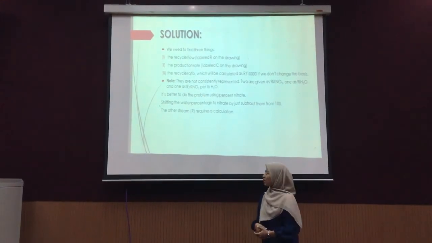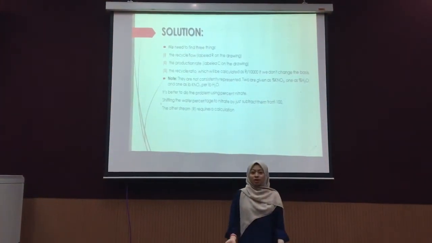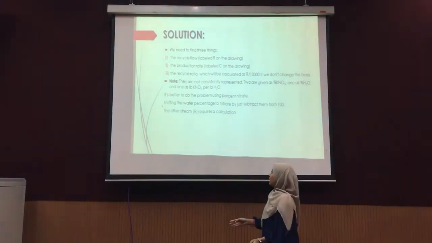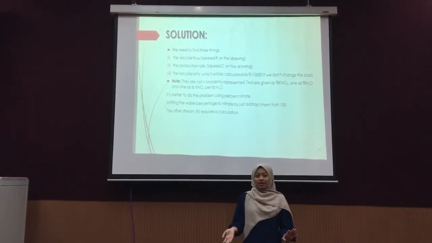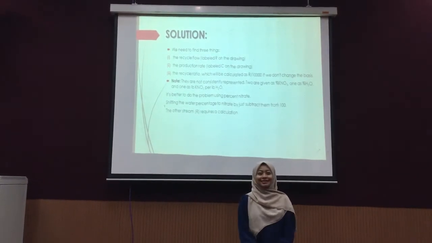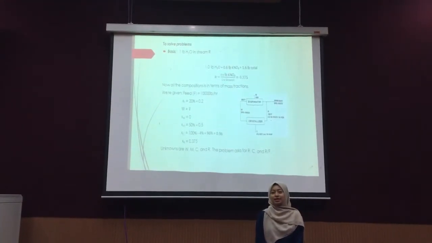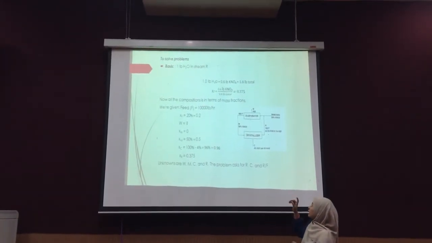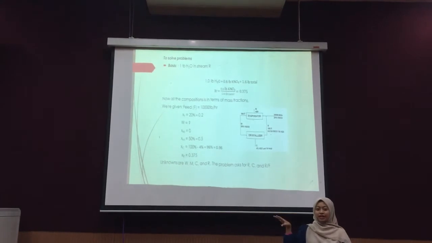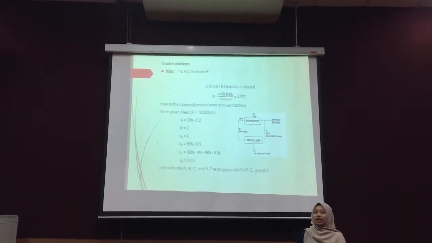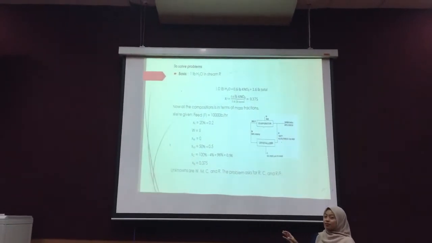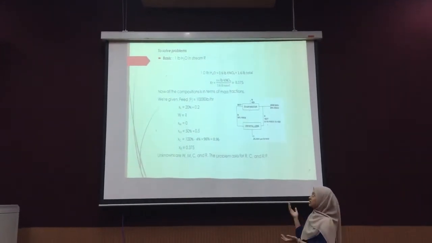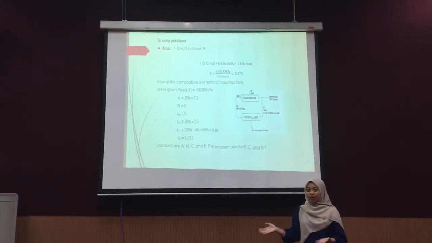It's better to do the problem using the percent nitrate, by converting the water percentage to nitrate by subtracting it from 100. The basis here is 1 pound H2O. For the unreacted reactant, we need to find the percent nitrate first, so we add the unreacted reactant to the basis, and we get the total, which is 1.6 pounds.